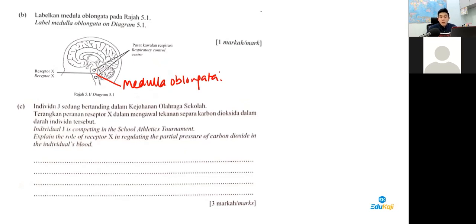Now, individual J is competing. Explain the role of X. Guys, competing in running athletics. If the person runs, CO2 will be higher, pH will drop, and this will be detected by chemoreceptors. Impulses are sent to this center, use back this term.